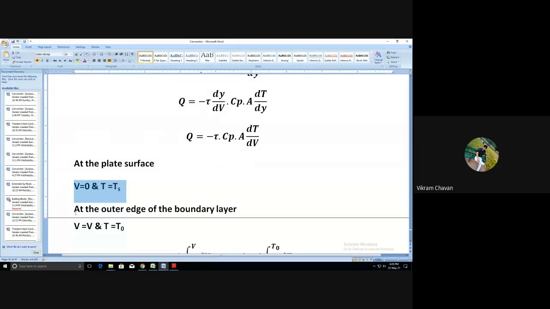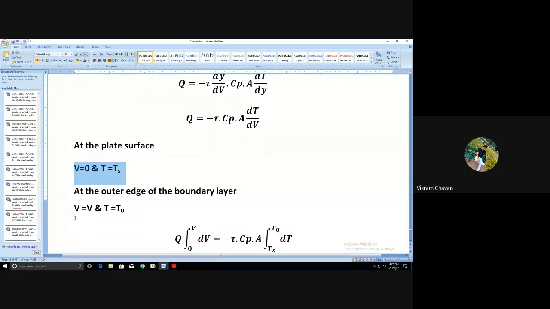So at the outer edge of the boundary layer, velocity is equal to capital V, that is, the change in velocity is equal to the initial velocity, and the temperature of that particular fluid is equal to the initial temperature, the temperature of that fluid before it is transferred over the heated surface.